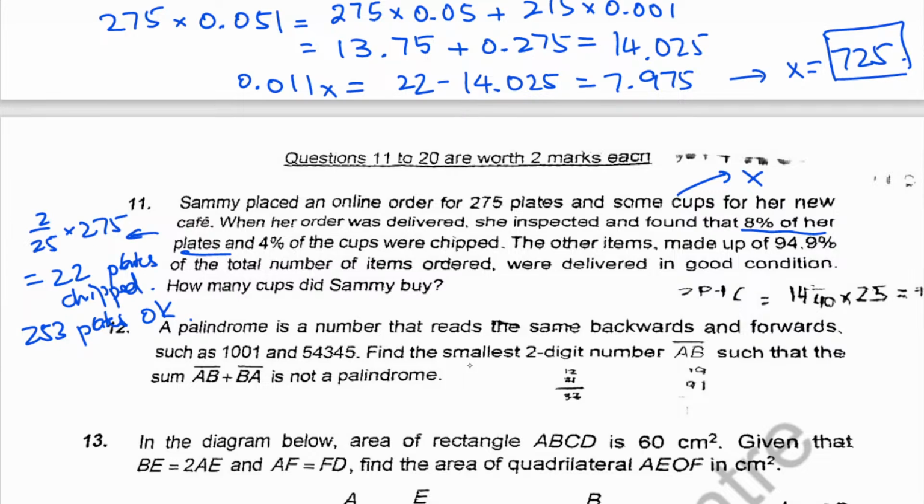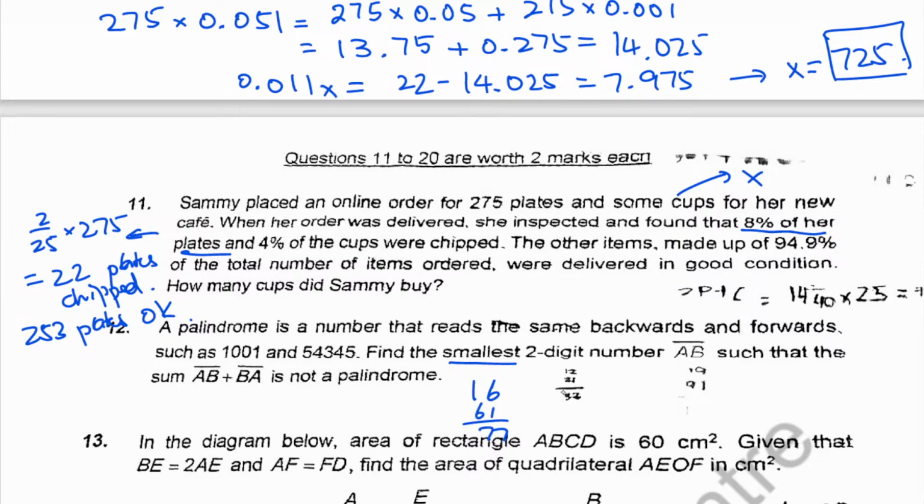Question 12. A palindrome is a number that reads the same backwards and forwards. So find the smallest two-digit number AB such that the sum of AB and BA is not a palindrome. Okay, so since they're asking for smallest, let's try A is equal to 1. Then for any number B, let's say 6, for example, 16 plus 61 is 77. 77 is a palindrome.